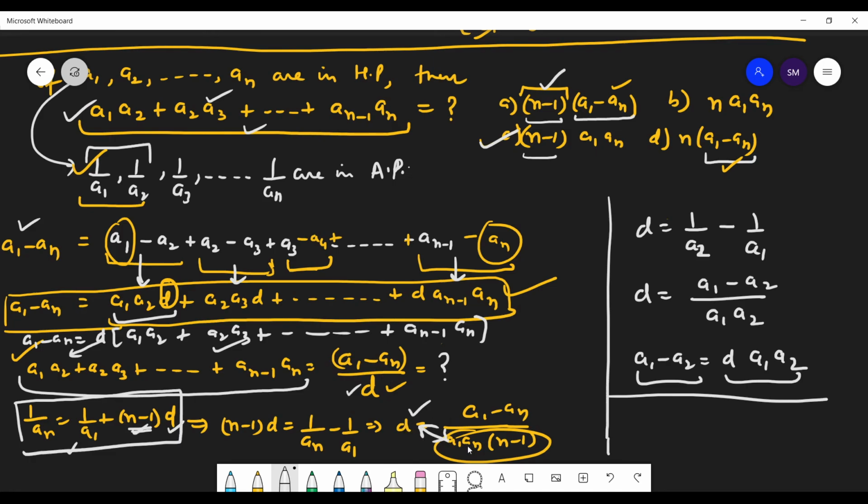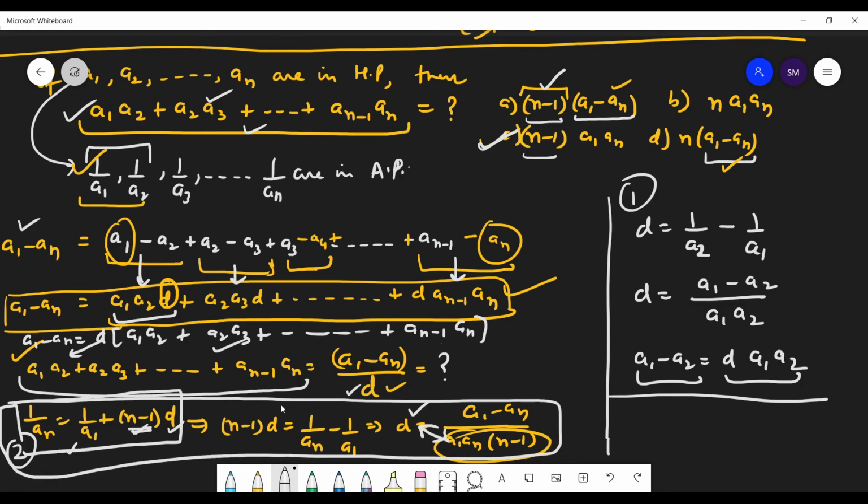So d comes this side, this will come this side, and that's your answer. So here also I have found d, from this also I have found d. Then simply put this value over here. So yes, you need to see. That is why maths is all about.